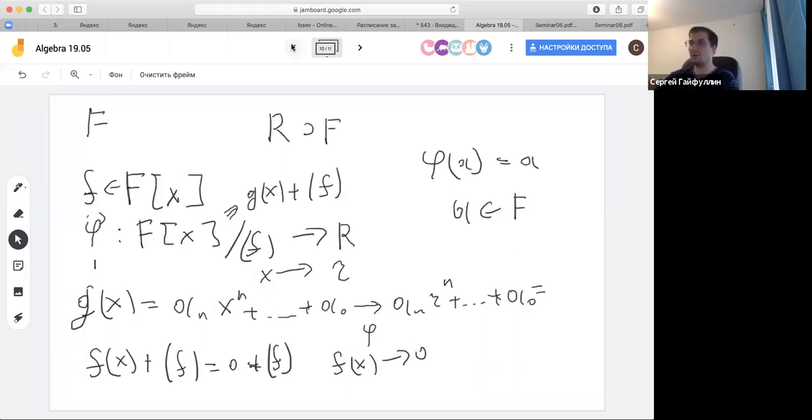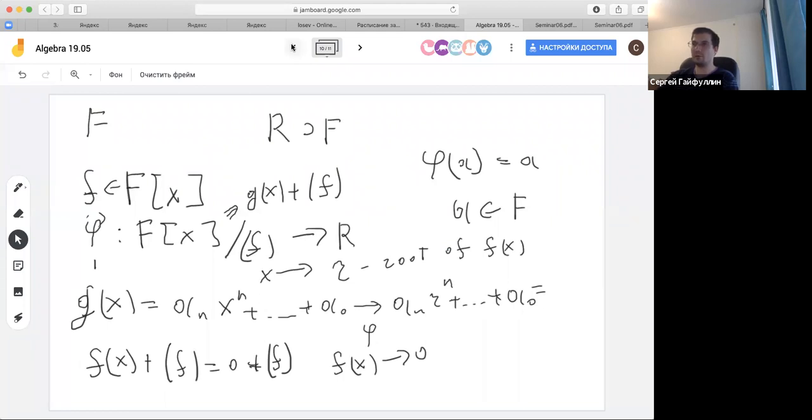So what should r be? r should be a root of f. So r is a root of this polynomial. And so we have some homomorphisms.